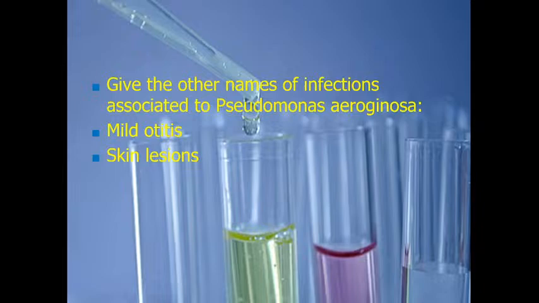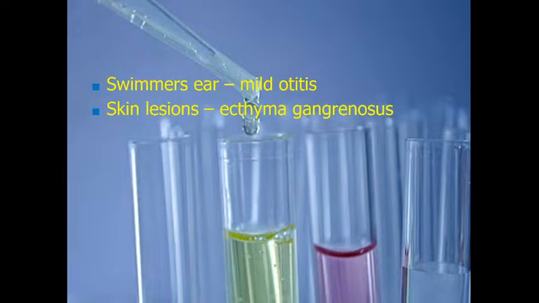Okay, now let's talk about the infections associated with Pseudomonas aeruginosa. Mild otitis is known as swimmer's ear. Okay, if there's a skin lesion, we have what you call ecthyma gangrenosum. Okay, ecthyma gangrenosum and swimmer's ear. Okay, so where do you usually get these things? Anybody here who spends their time, I don't know, hot tubbing?